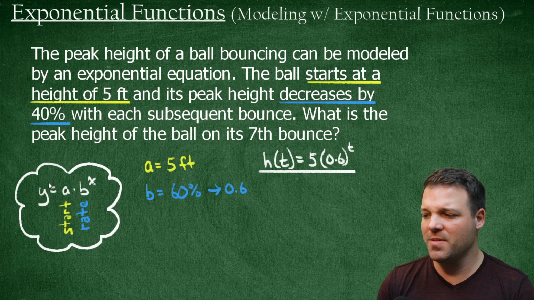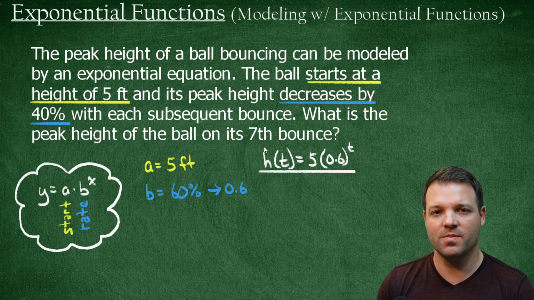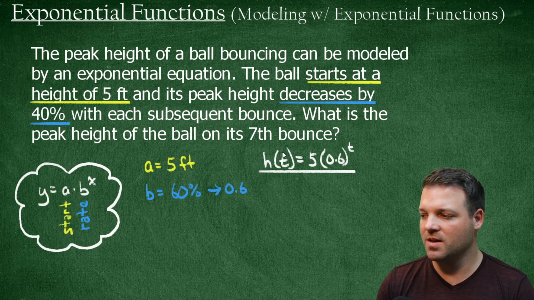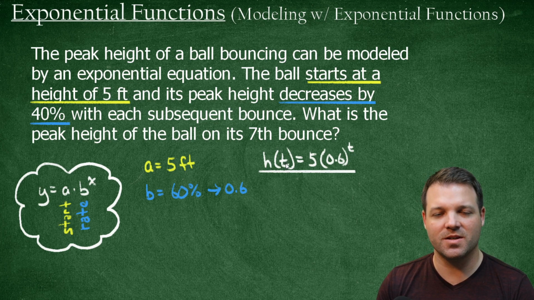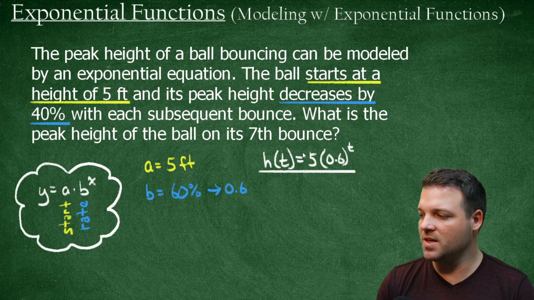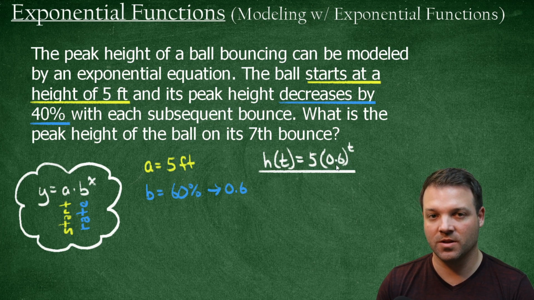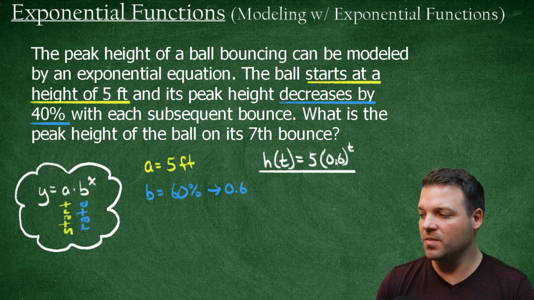Again, I'm using y = a times b to the x, but notice I gave this a name. I called it h for height, because that's what we're getting back. Instead of x, I'm using t because t is representing time in this case. So it's equal to a, which is 5, times, I typically use parentheses here, it just makes it look a little bit cleaner, 0.6 to the power of t.